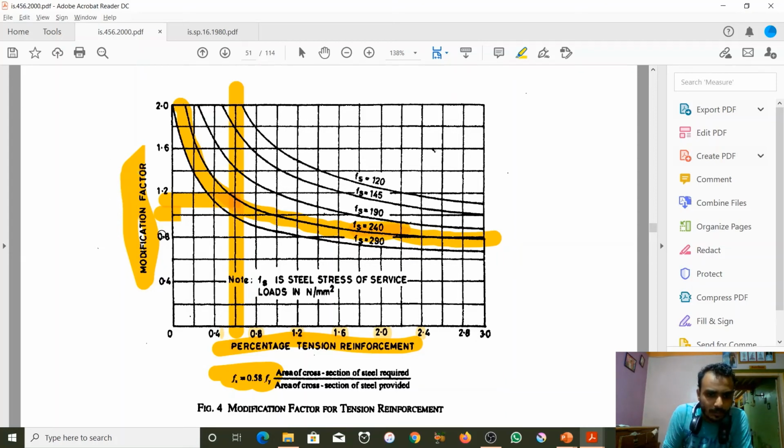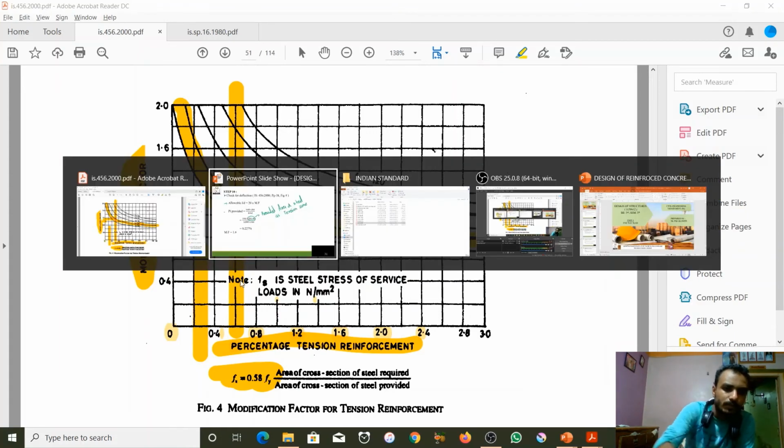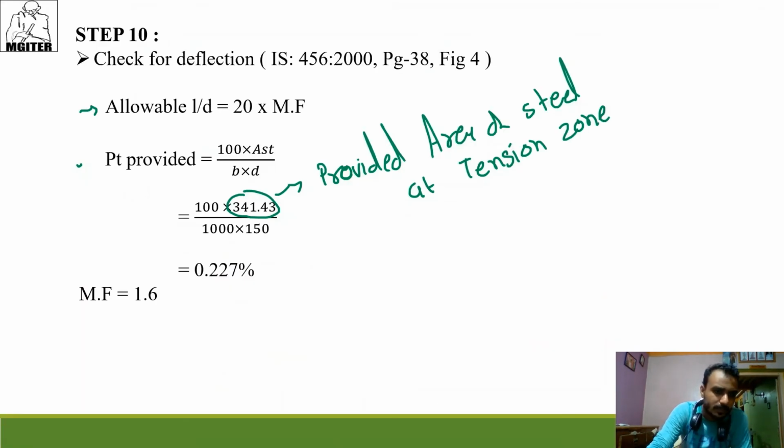We have to find out the modification factor. The percentage of steel is found 0.2, so between this. Okay, Fs is 240. So our MF is 1.6. By this data we can find out MF, and allowable L by D is 20 into 1.6, so the value is 32. So the length by depth ratio is 32.